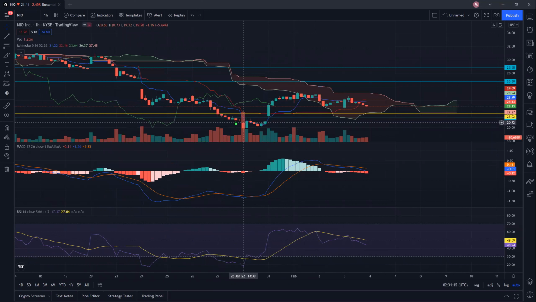So you can see that at the previous night's levels, the stock was doing about $21, $20, and then it got down to about 20.60, went to a high of 20.73, and then it went to a low of around 19.32.